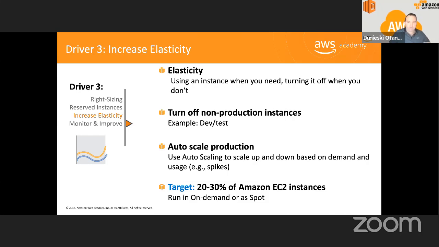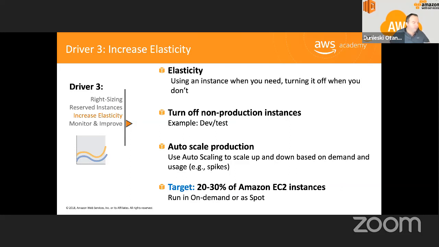Auto-scaling production: use auto-scaling to scale up and down based on demand and usage, for example, spikes, okay? The target for this should be about 20 to 30% of Amazon EC2 instances running on demand or spot, okay? This is for production instances.